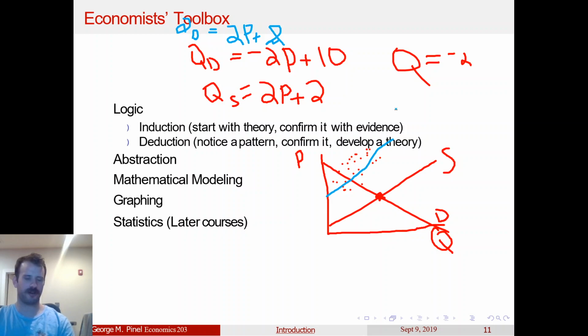Logic to build a theory, abstraction to tease out the most important elements of the theory, mathematical modeling to be able to fit the theory to something testable, some sort of relationship that's quantitative and can be applied to statistics later on, and then graphing to represent the theory in a more appealing way, and then finally statistics to take your mathematical model and see if it actually holds up and if the underlying logic and abstractions hold up given real data. Okay.